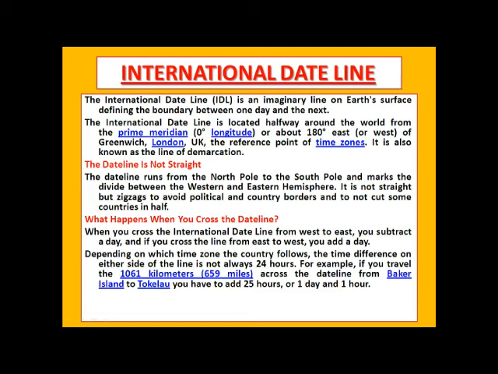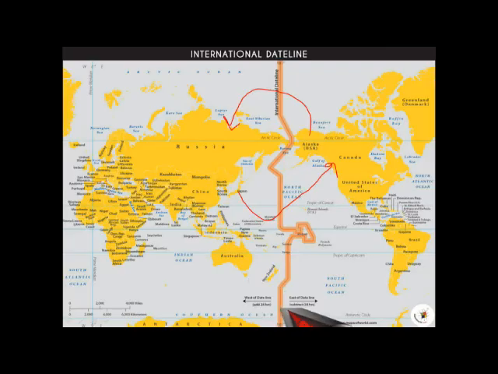Depending on which time zone a country follows, the time difference on either side of the line is not exactly 24 hours. It means, suppose I'm crossing from Japan to Canada, it is not necessary that the time difference is going to be exactly 24 hours.